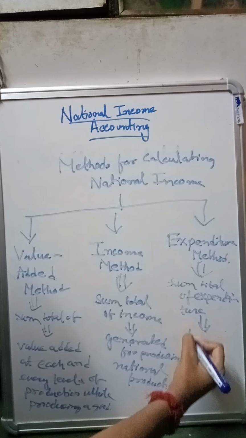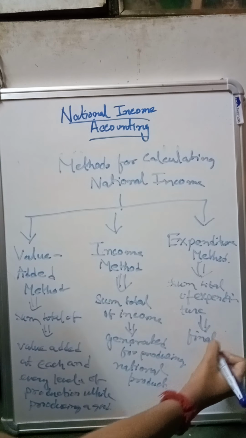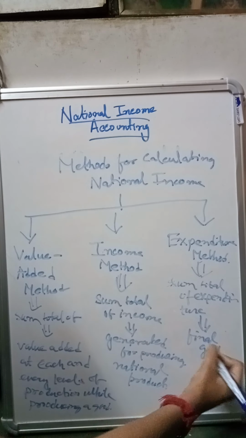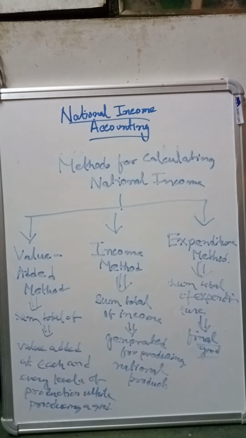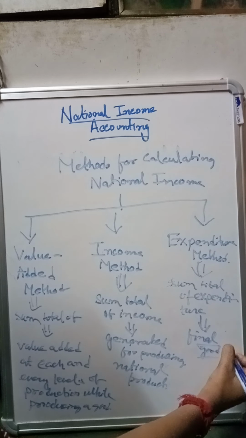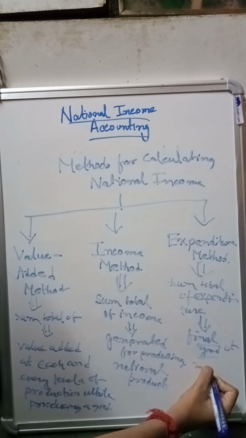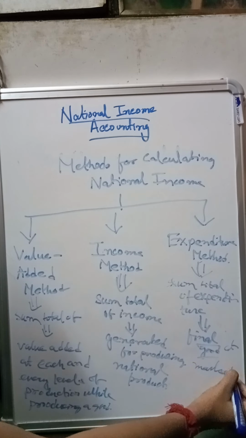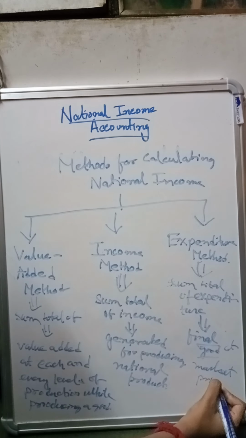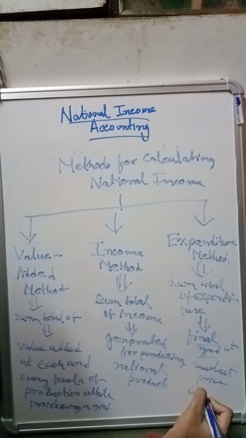On the final good. So please keep it in mind, final good, be specific with your words. And final good at market price, this is also important. Final good at market price, during a year.